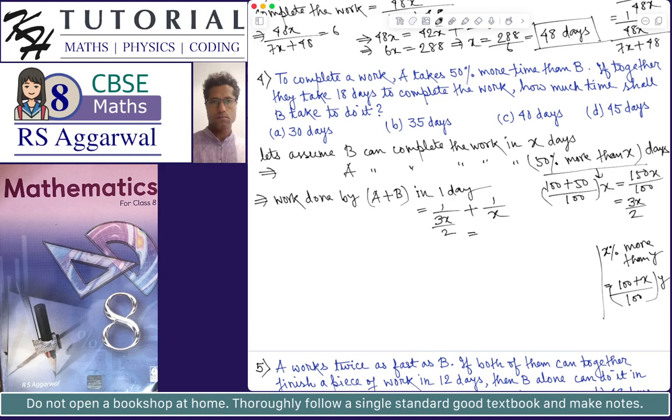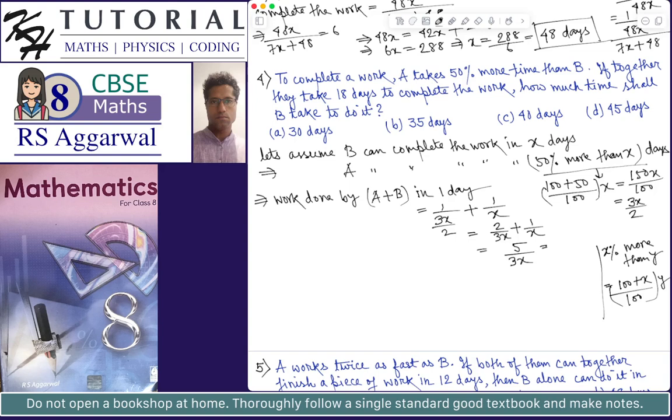This is equal to 2 by 3x plus 1 by x. This is equal to 5 by 3x. So the work done by A plus B in one day is 5 by 3x.